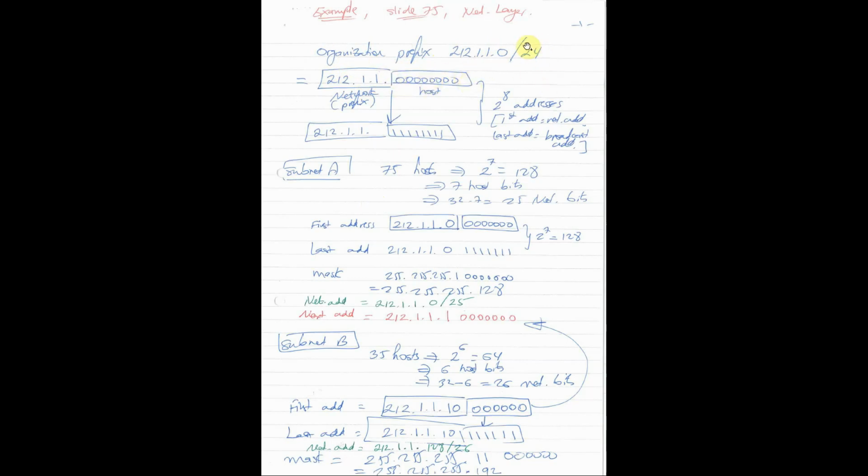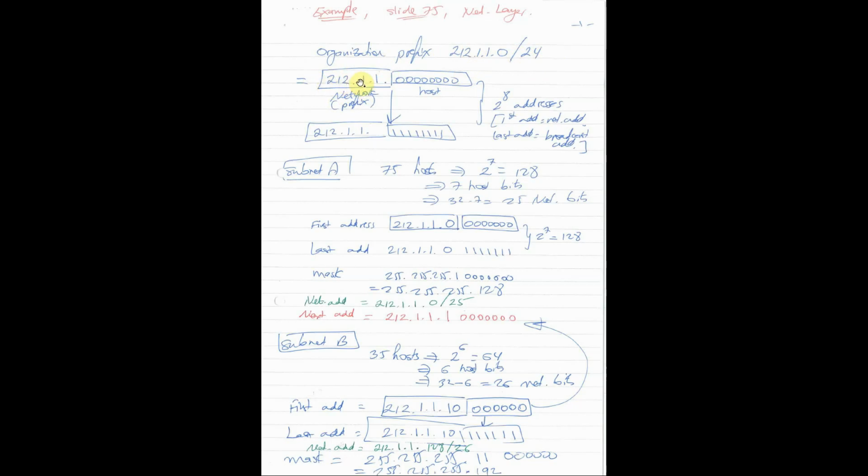Since we have /24, it means that among those bits, 24 are fixed, representing the prefix. 24 bits means 8 plus 8 plus 8, so the 212, the 1, and the 1 are fixed anyway. So for efficiency, we have chosen not to convert them into binary because these numbers will stay everywhere, right?